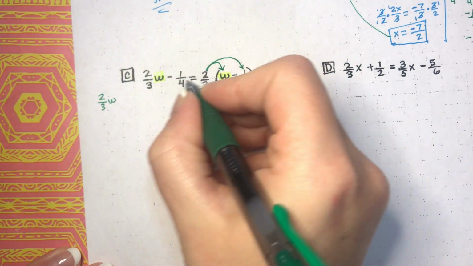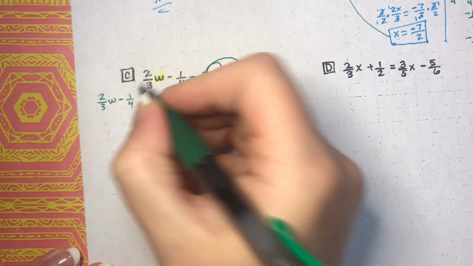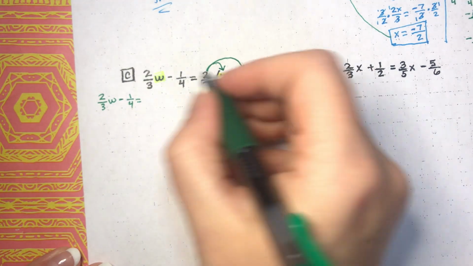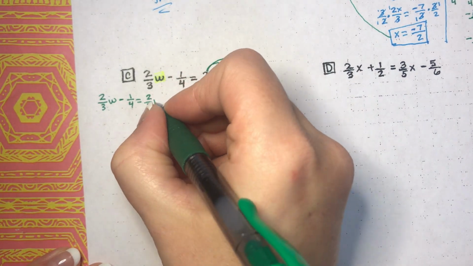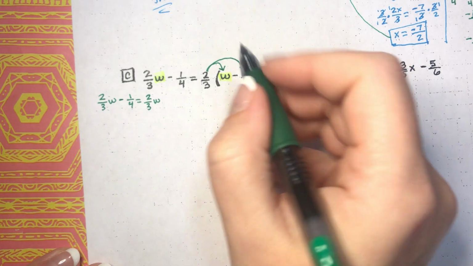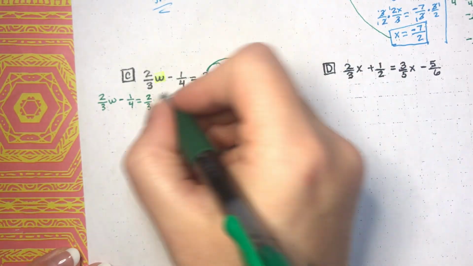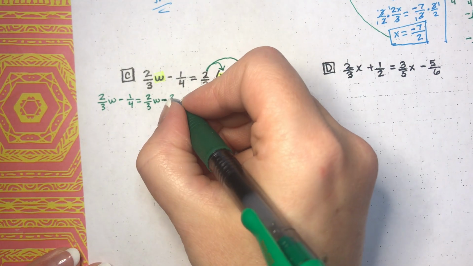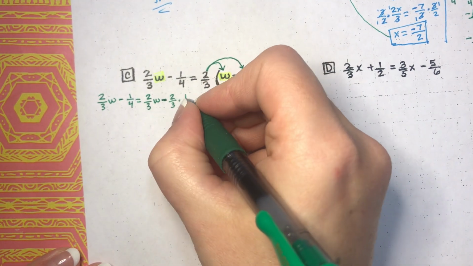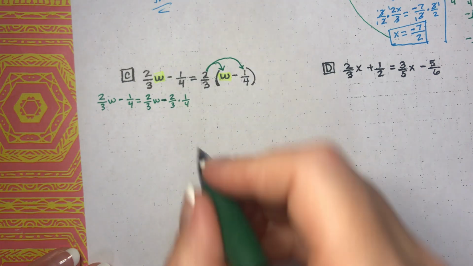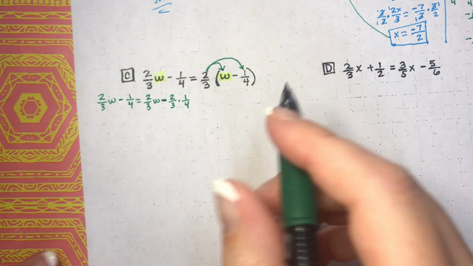2/3 W minus 1/4 equals 2/3 times W. And then 2/3 times negative 1/4. So I'm going to go a positive times a negative is a negative. And then I'm going to go 2/3 times 1/4 like that. Okay.